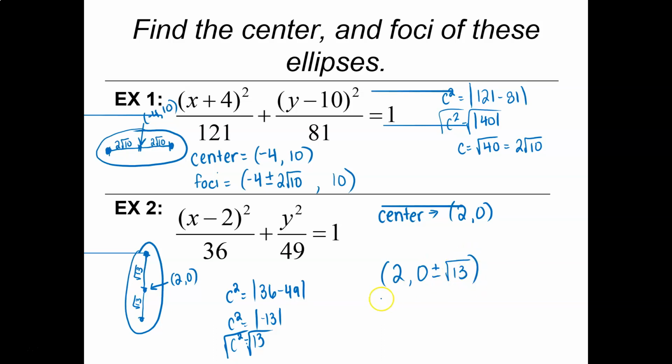Now, in this particular case, since that's a 0 right there, for my foci, I would just call this 2, 0 plus or minus root 13. Okay. Questions?